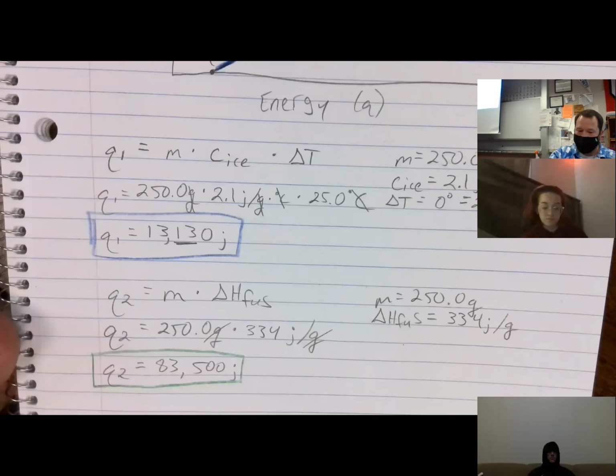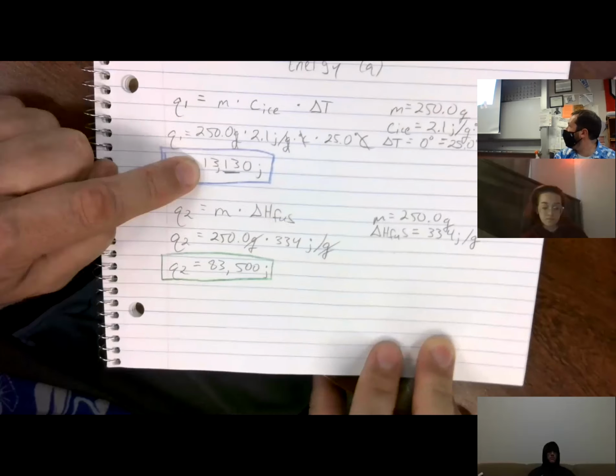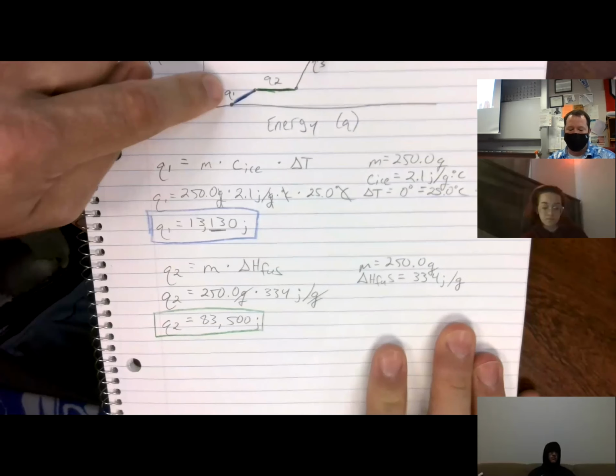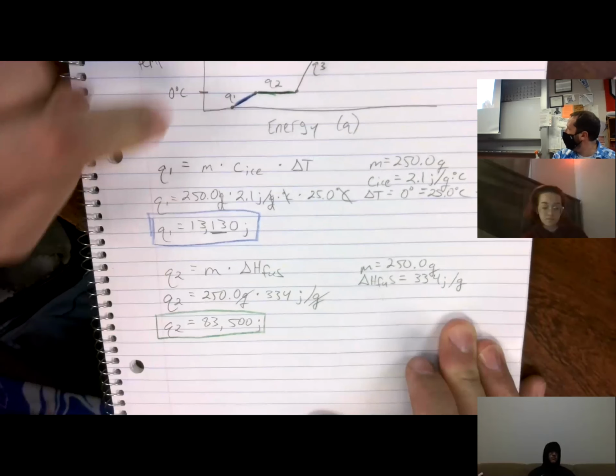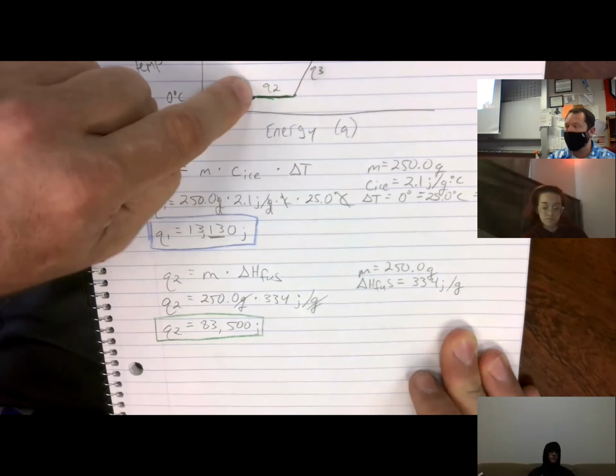So there is our second calculation of energy. It took us about 13,000 joules to get this really, really cold ice up to melting temperature. And then it took us another 83,500 joules to go ahead and melt the ice.